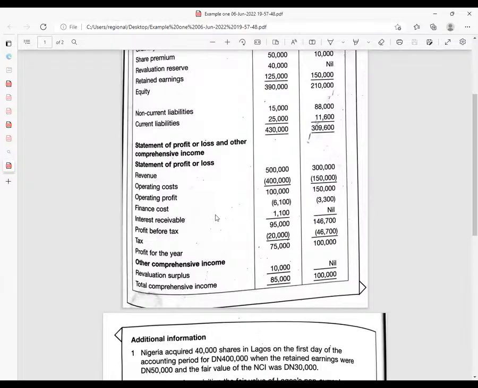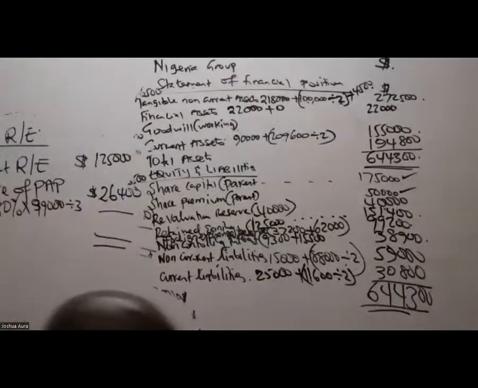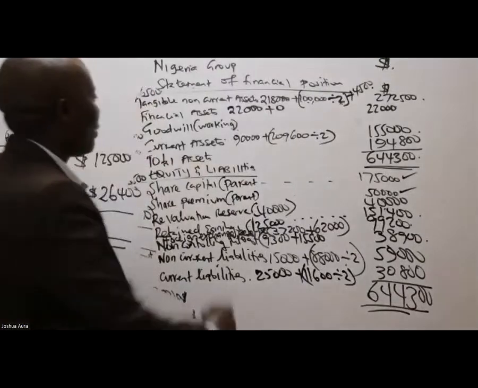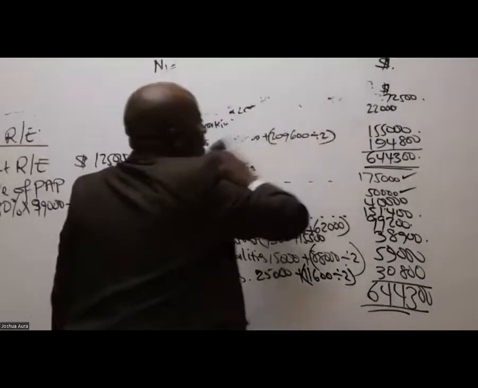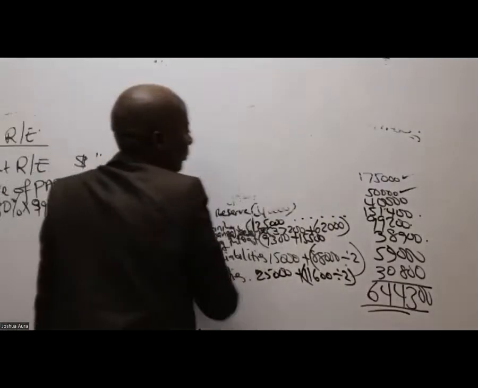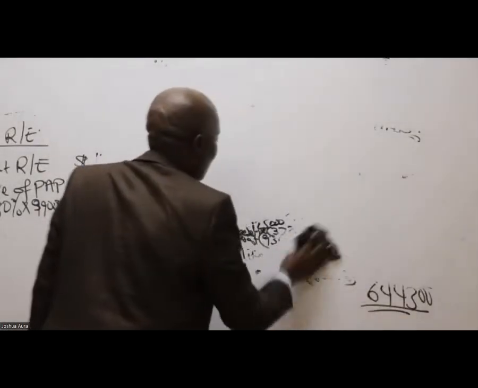So what I'll do is write the name first. We write the name of the group. The group is called Nigeria, so it's Nigeria Group.